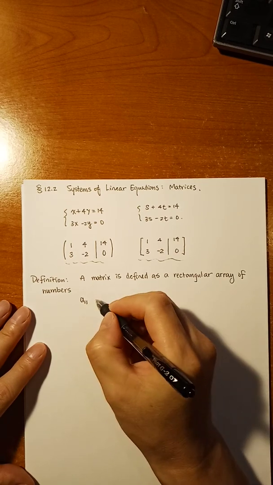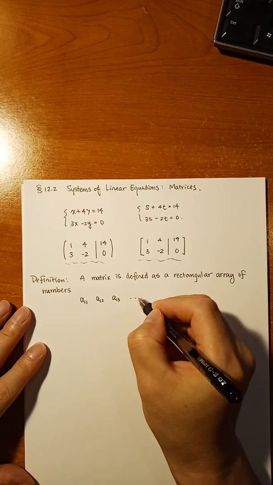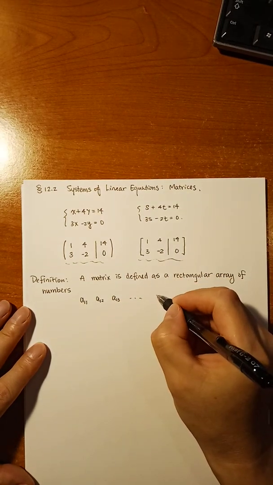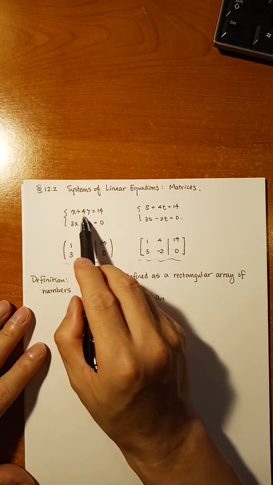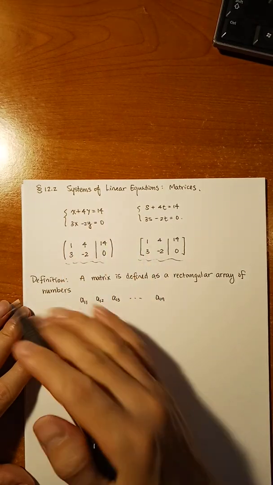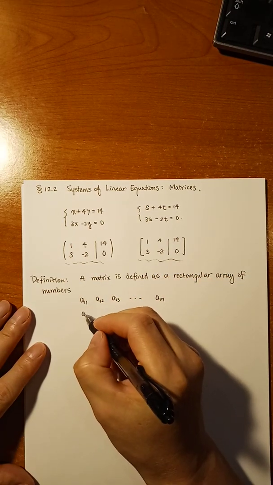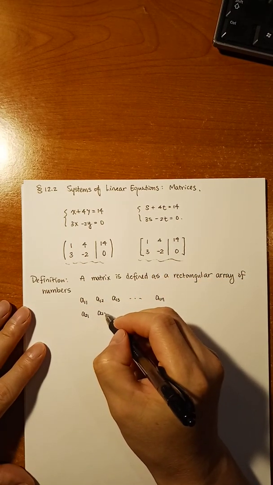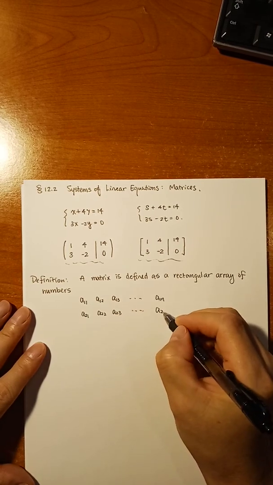So we'll have A11, A12, A13, A1n. This row comes from the first equation. 1 means the first equation, first row. And then you have A21, A22, A23, A2n.